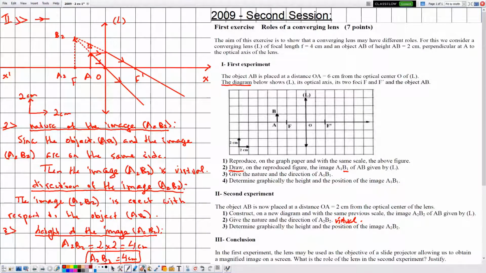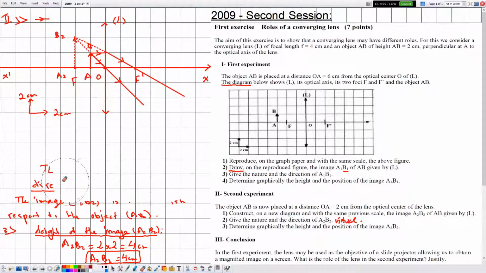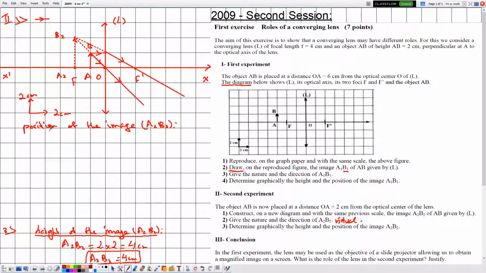Now, as for the position of the image A2B2, the position here represents the distance between the lens and the image.